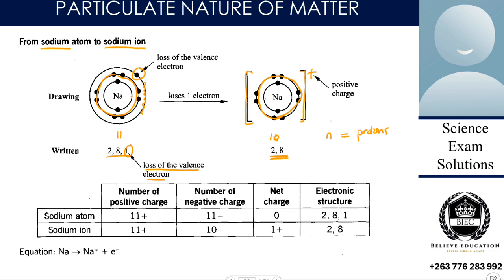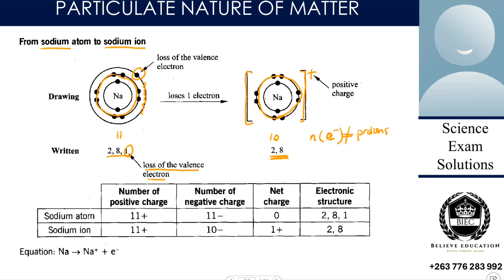Kana watoona yatoita ion, which means the number of electrons is no longer equal to number of protons. So which means my protons acharamba achimaintain a number yao, but my electrons adzikira. And because of that, panobva paita an overall what, overall charge of the ion.